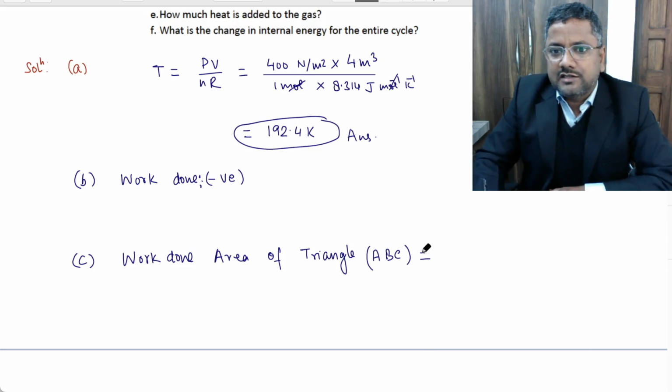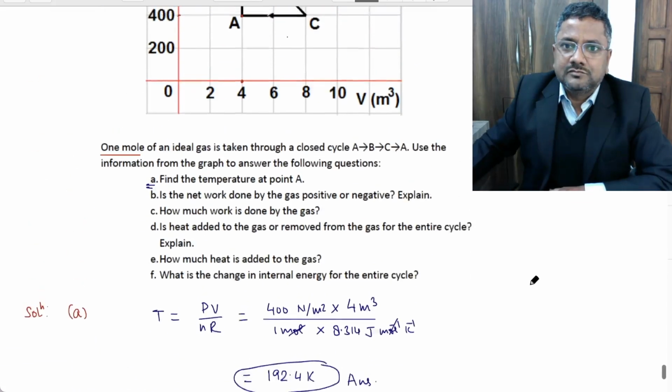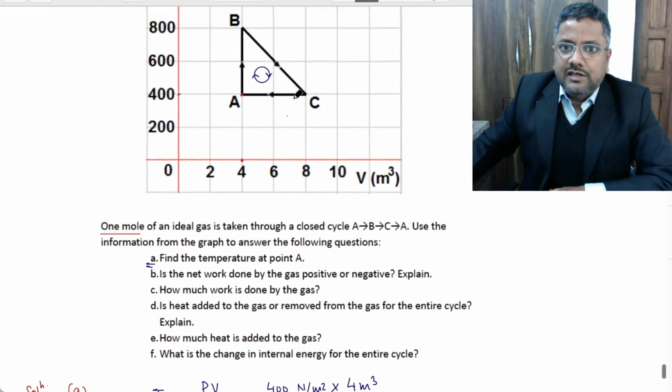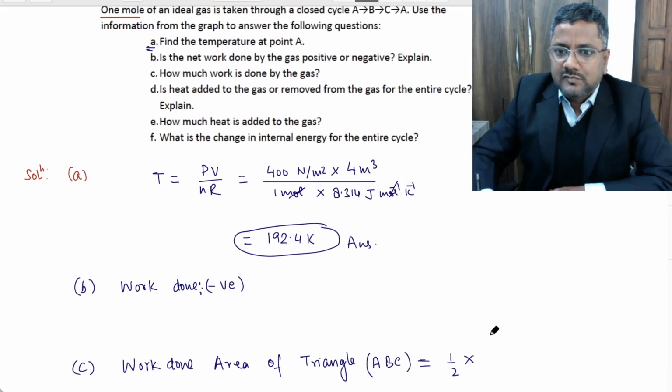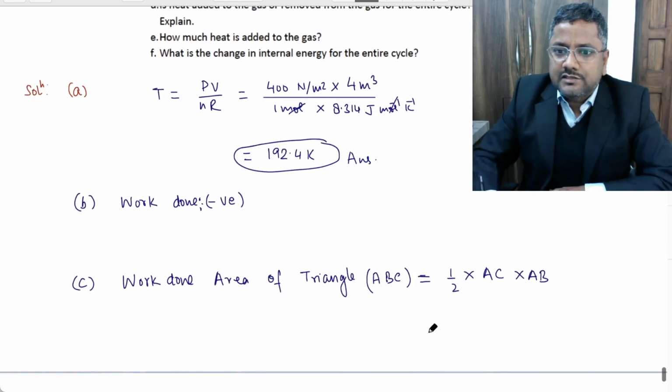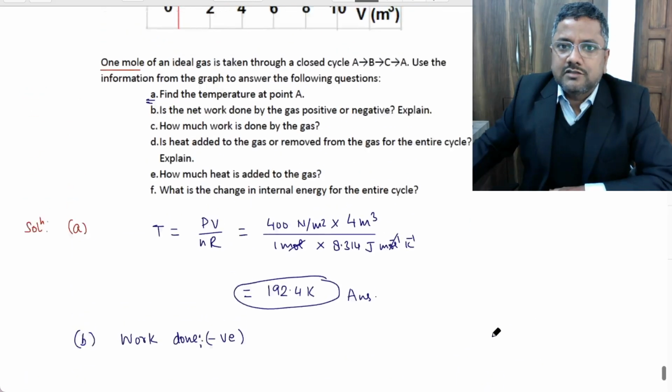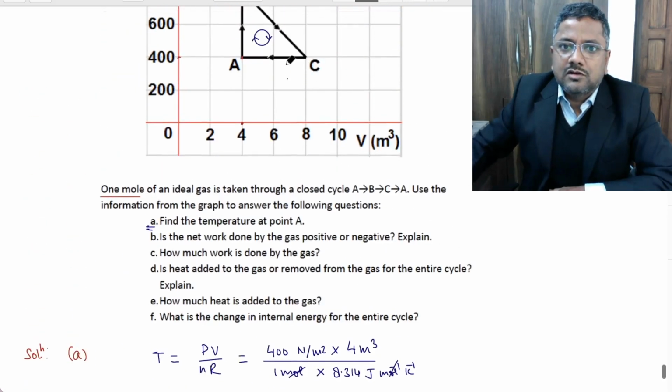Area of this triangle is equal to 1 by 2 into AC multiplied by AB, right? So AC is equal to 8 minus 4.